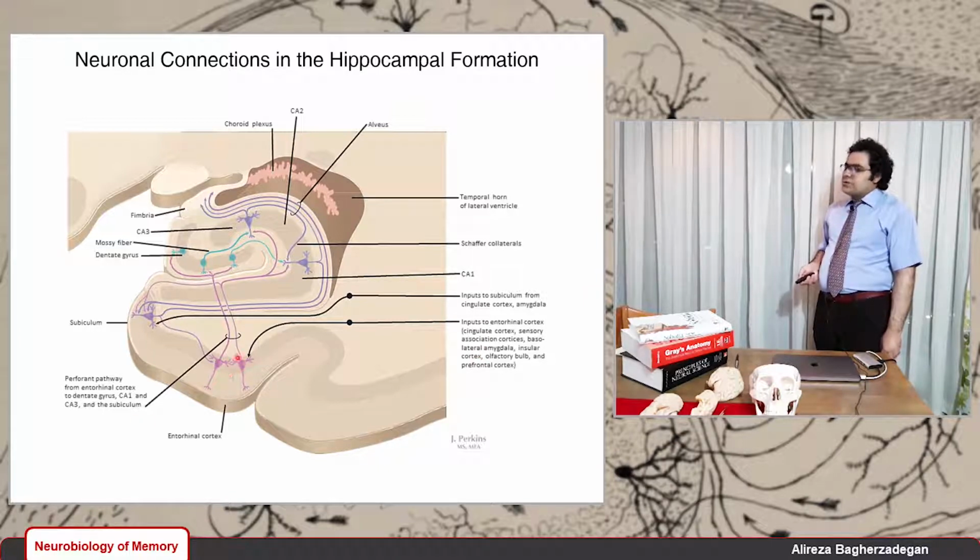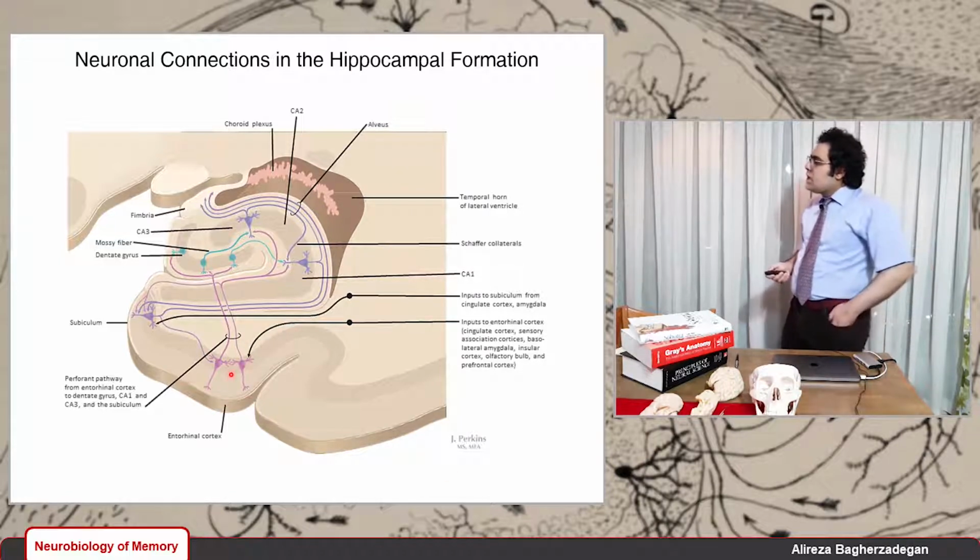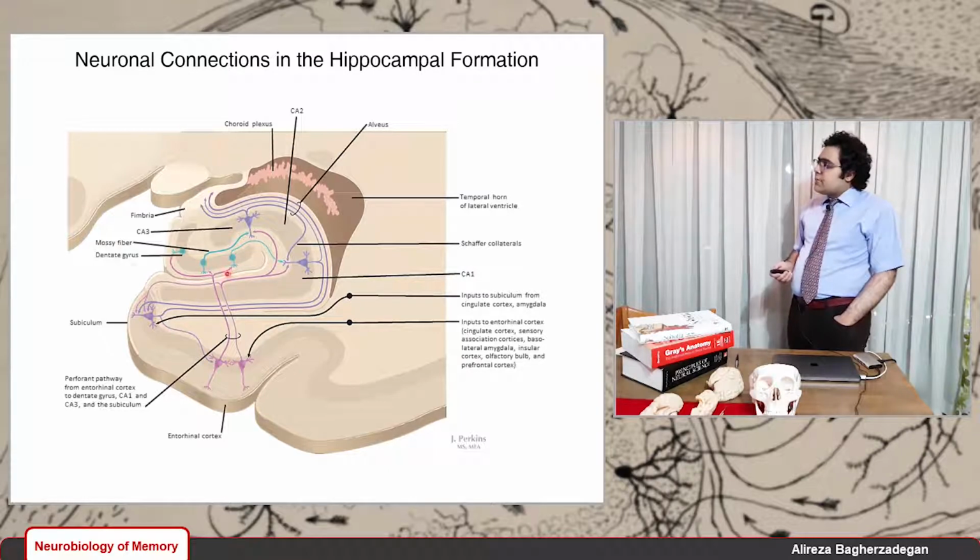These pyramidal cells in the entorhinal cortex connect directly to the subiculum and to the pyramidal cells of the CA1 area. They also connect to the granule cells of the dentate gyrus.